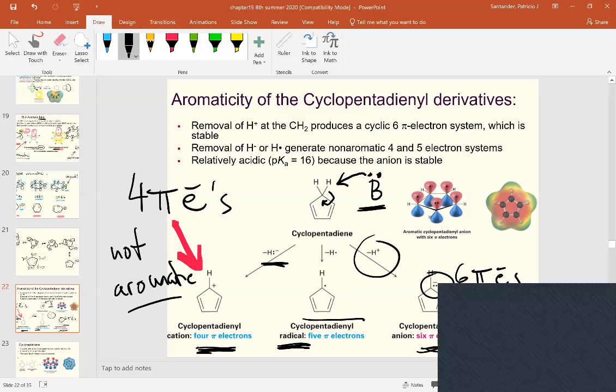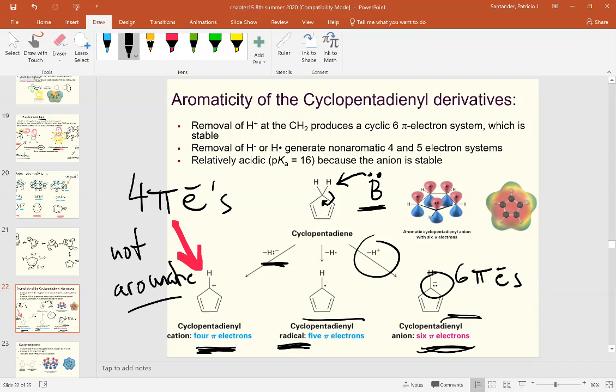So it will be enough to use a base like, I could say even hydroxide, it could be enough. And maybe we can get a little stronger than hydroxide because of the pKa value. So you can use something like a methoxide, that will be good enough. And that will allow you to abstract the proton.